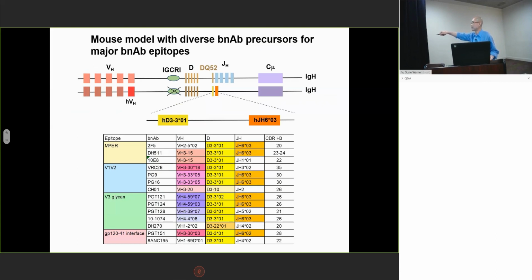Also for V segments, for a particular epitope, they tend to use some common V segments, be it 3-30 or 33 for V1V2 antibody, for example. So we're knocking in these gene segments to let them rearrange, so you can generate diverse repertoires of precursors for antibodies for particular epitopes.